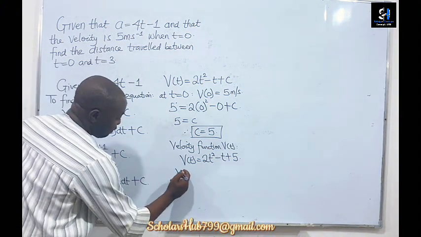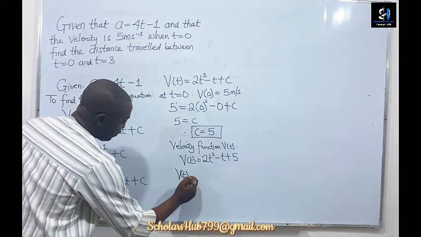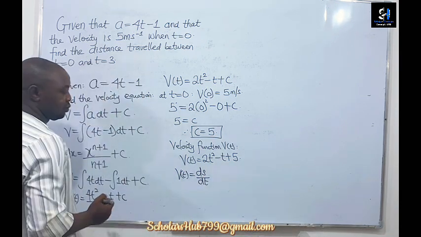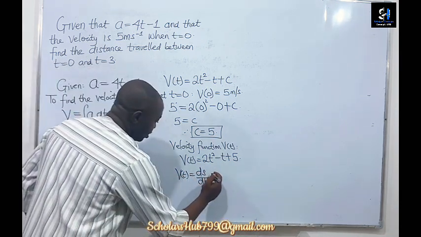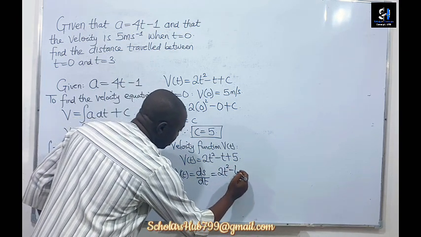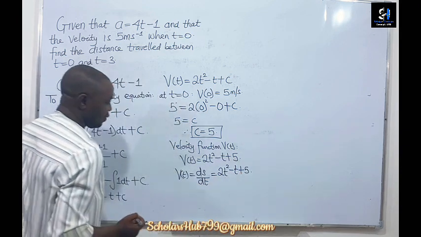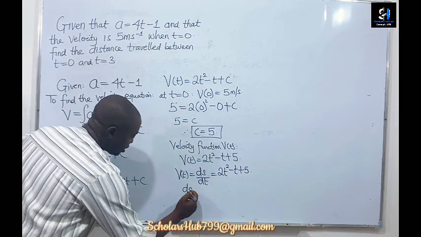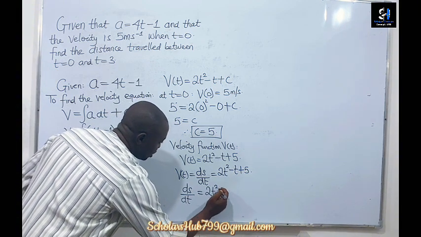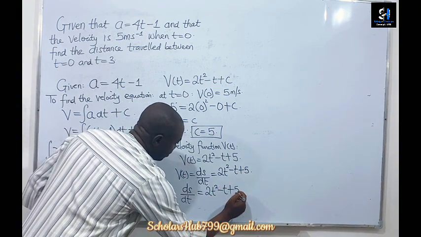Now, because the velocity function is equal to ds over dt, it means that ds over dt will be equal to 2t squared minus t plus 5.